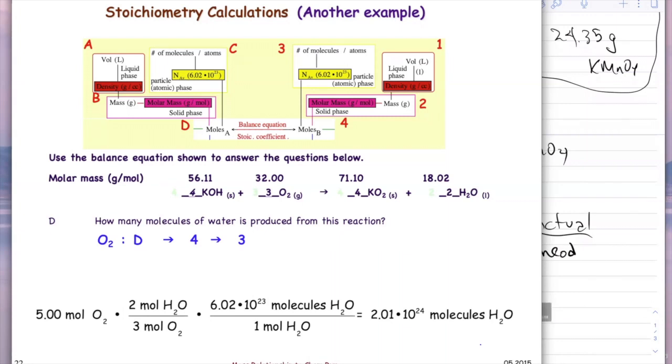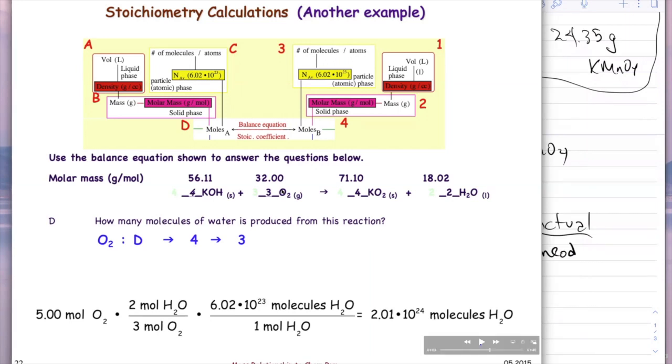Actually, we don't need to do the moles of KO2. We just go from the moles of oxygen right here to the moles of water. We use that balanced equation because we know that oxygen is the limiting reagent. We use Avogadro's number, and now we can calculate the molecules of water.